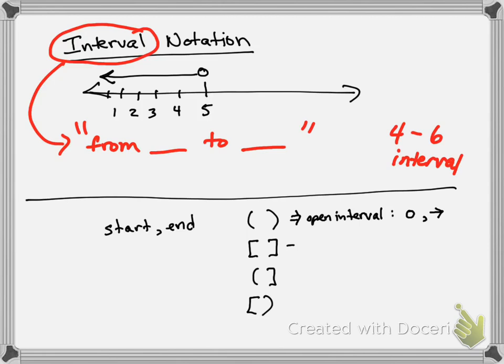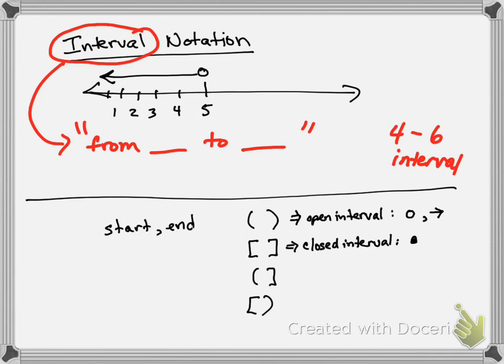Brackets mean the interval is closed. What that basically means is that there's a number that you can point at that it stops at. Those are easy. You'll see a closed circle on that point. And then you can have a parenthesis on one side and a bracket on the other side.